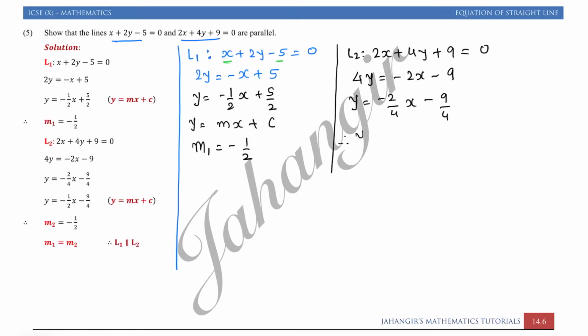So converting into the simplest form, -1 by 2 x - 9 by 4. So therefore we can say m2 is equal to -1 by 2. Since m1 is equal to m2, when slopes are equal, we can say the lines are parallel.